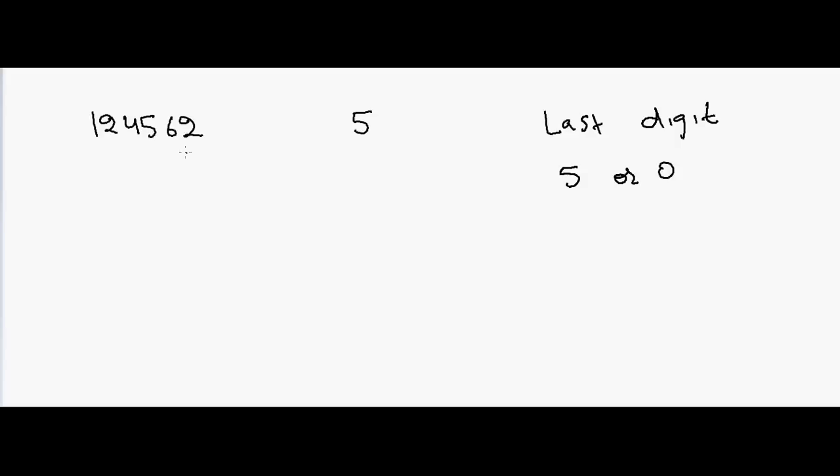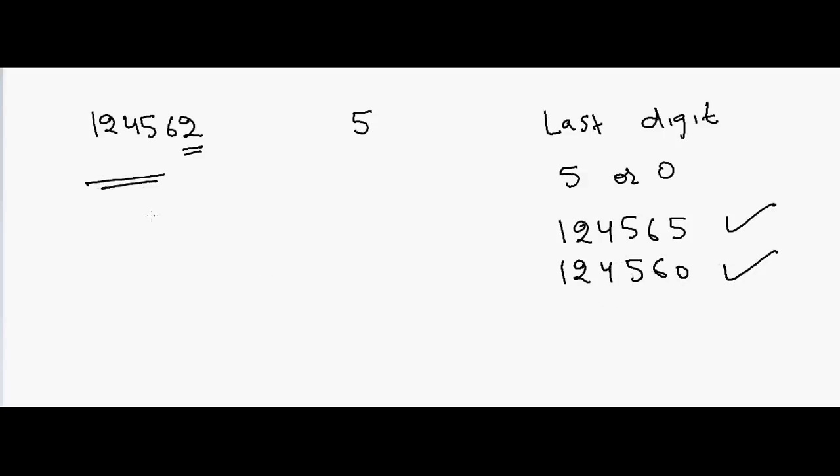In this case it's not, so it is not divisible by 5. If I would have 1 2 4 5 6 5, then it would be, or if I would have 1 2 4 5 6 0, then it would be, but not in this case. So we know this now.